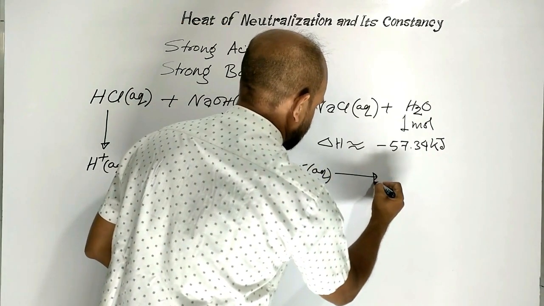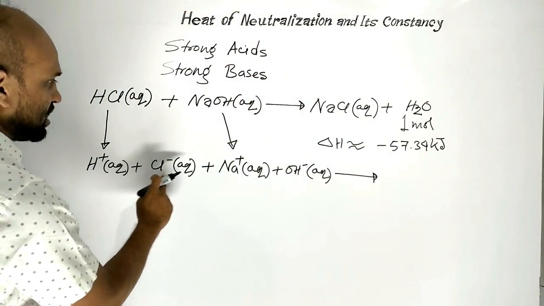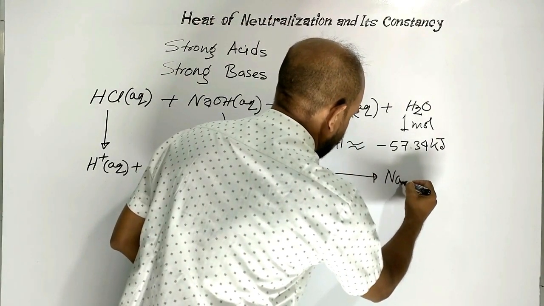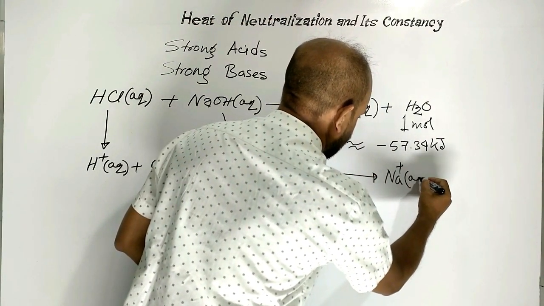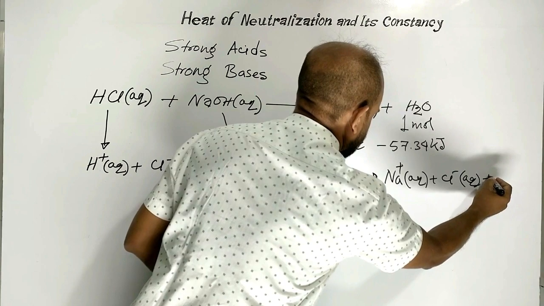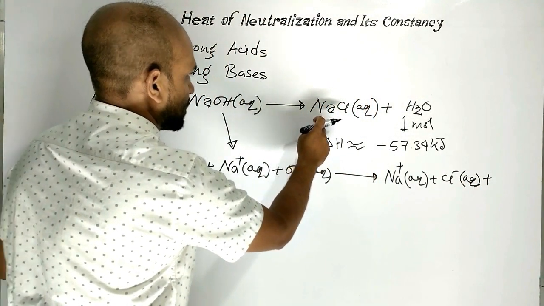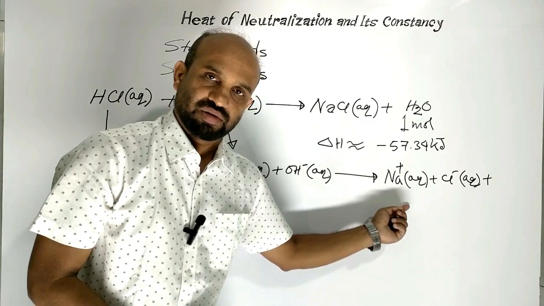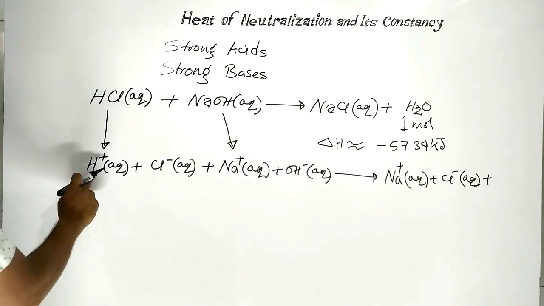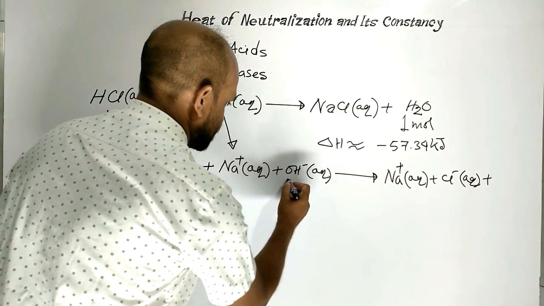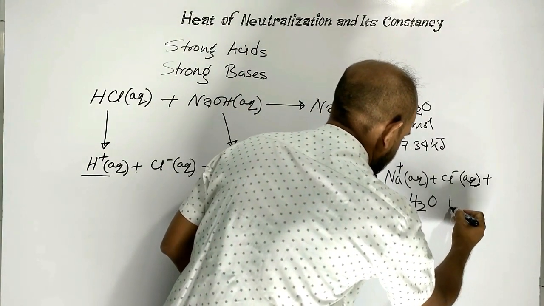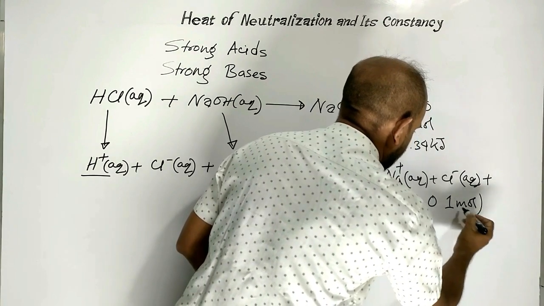Then chloride ion and sodium ion form sodium chloride, which ionizes to sodium ion and chloride ion. That is, sodium chloride remains as ions, and this proton and this hydroxide ion form water. 1 mole water is formed.